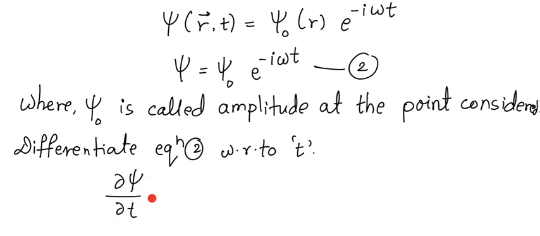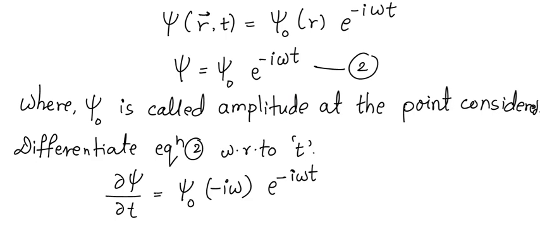Del psi by del t is equal to psi naught, which depends only on the space coordinate. Basically psi represents the displacement and psi naught is the maximum displacement. Its derivative is minus i omega e to the power minus i omega t. This is the first order derivative.